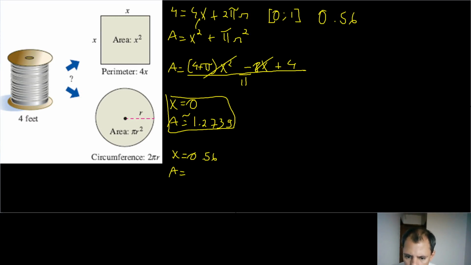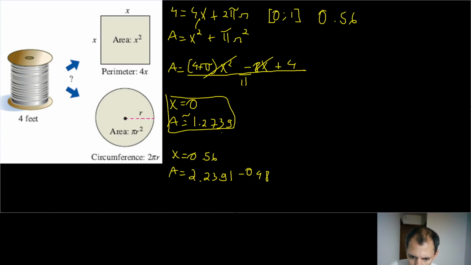Okay. So we have 2.2391 approximately, for this term. And then we have minus 8x. So 0.56 times 8, 4.48. So minus 4.48 plus 4 minus 0.48.